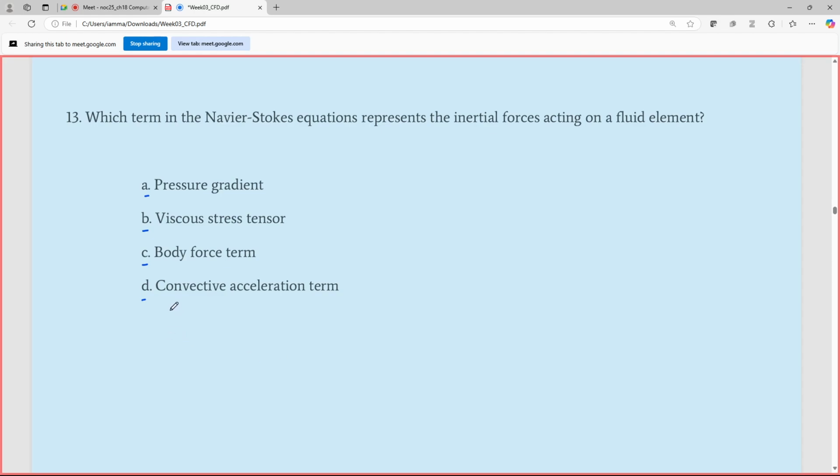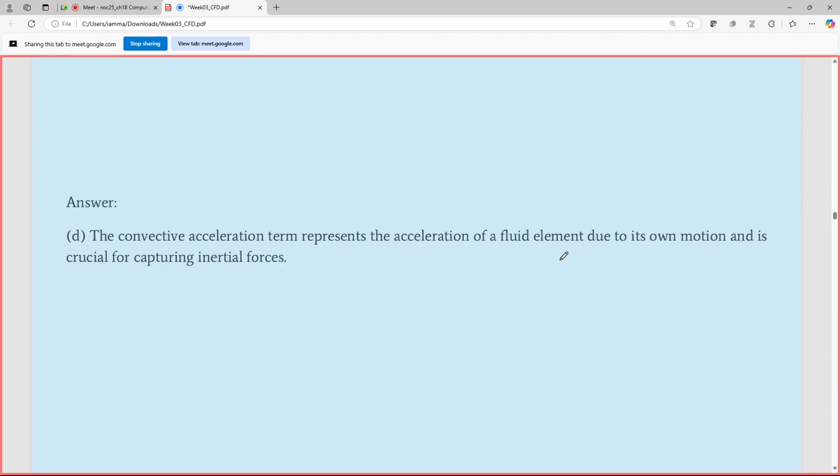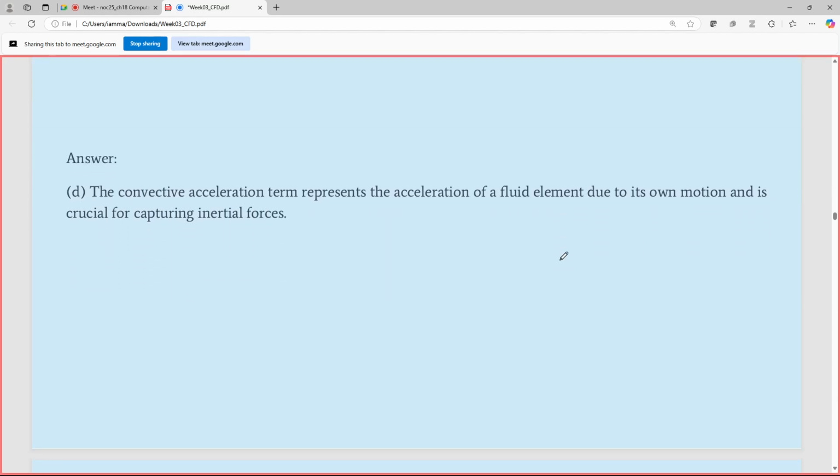Okay. Yes. Option D, which is the convective acceleration term, represents the inertial force in the flowing fluid.